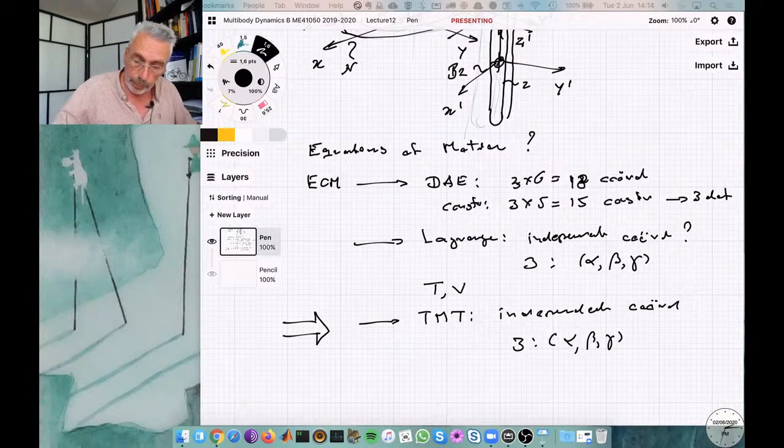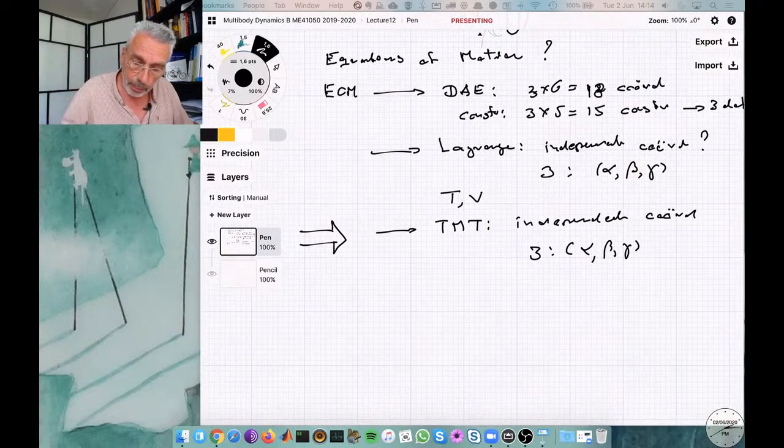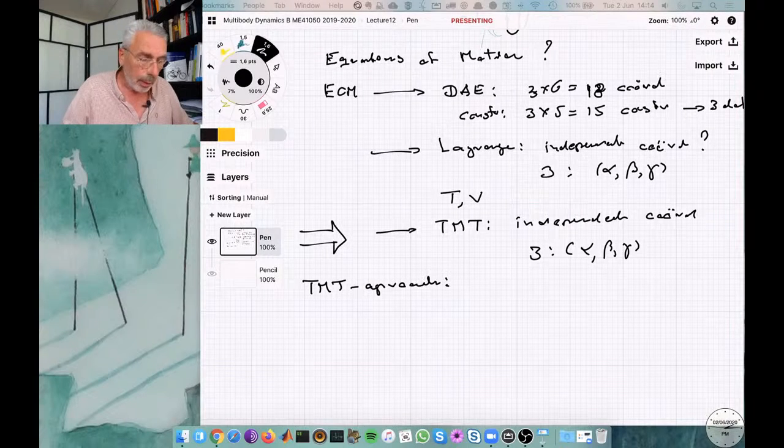Okay, so what do we need for our TMT method? So TMT approach. Well, first of all, everything starts, of course, with virtual power, right? So we need an expression for our virtual power.